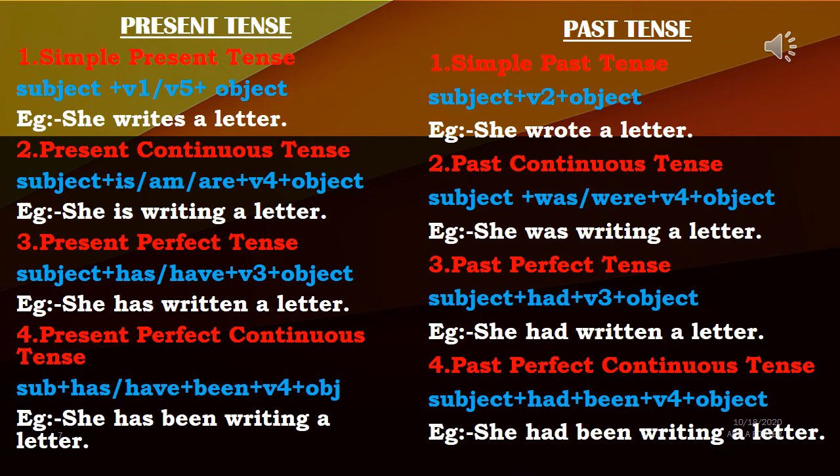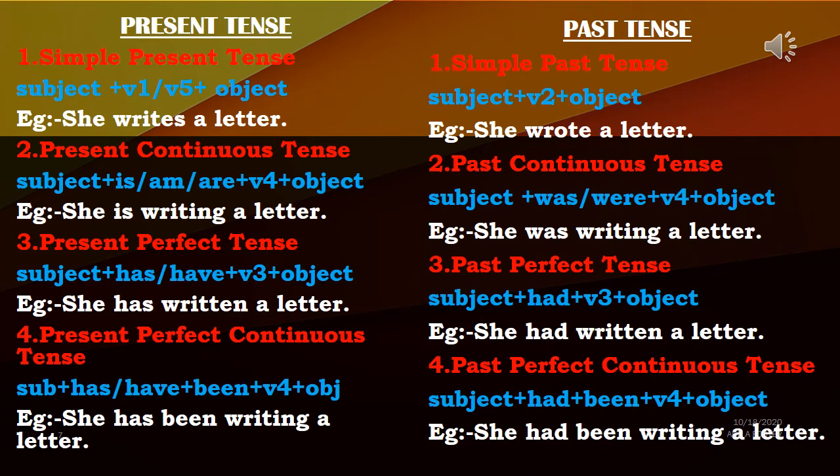If I is the subject, I am writing a letter. If the subject is plural, they are writing a letter. Let us see past continuous tense. See the structure: subject plus was or were plus V4 plus object. See the example. She was writing a letter. If the subject is plural, they were writing a letter.